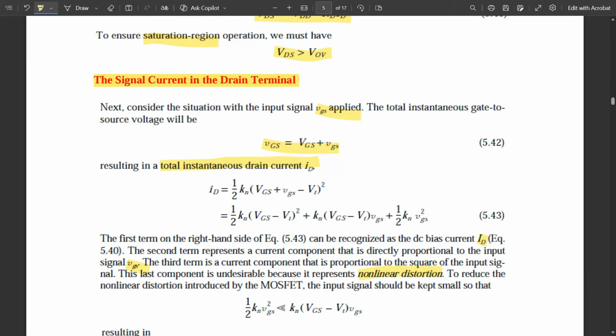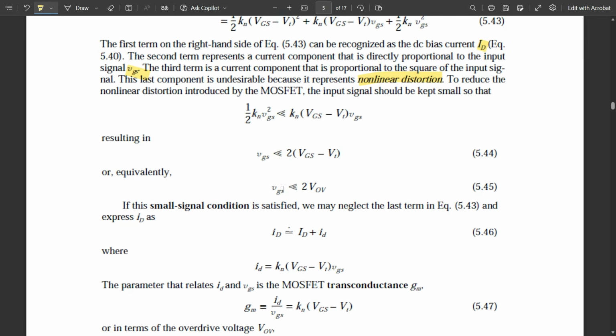Okay, so to reduce the nonlinear distortion introduced by the MOSFET, the input signal should be kept small so that this relation comes into the picture: half into Kn vgs square should be strictly lesser than Kn into (VGS minus VT) into small vgs, which results in vgs being strictly less than 2 times (VGS minus VT).